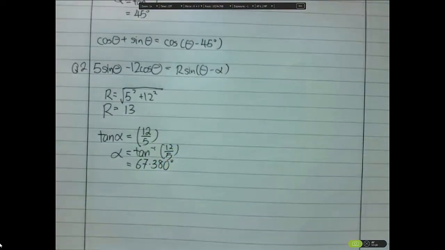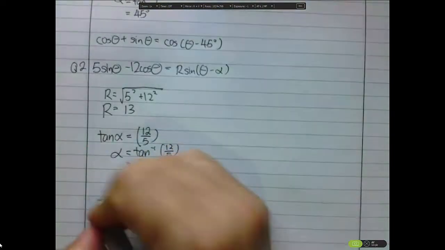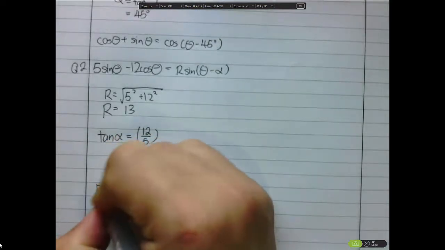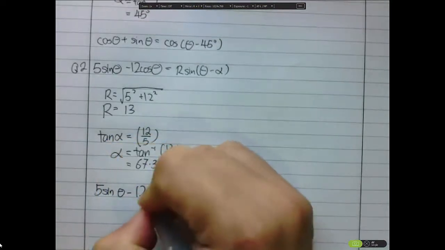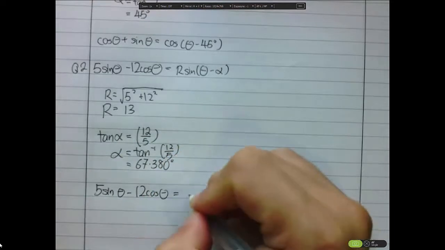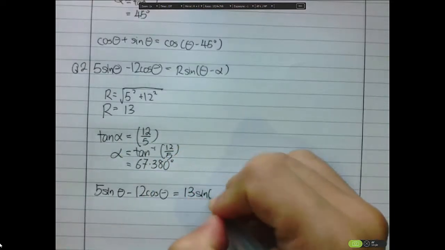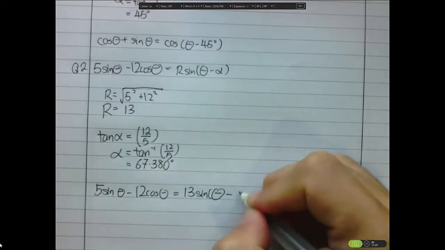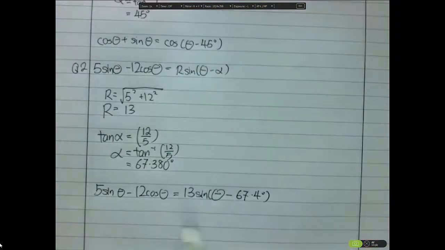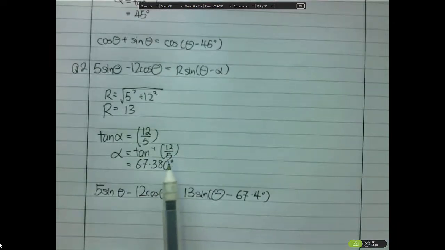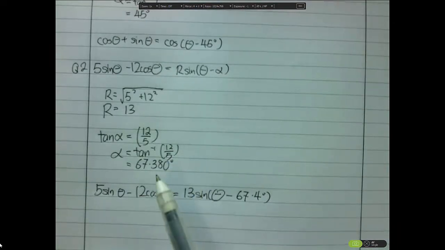Okay, we leave it in truncated form first, but for the final answer, 5 sine theta minus 12 cosine theta is equal to 13 sine theta minus alpha, which is 67.4 degrees. Just leave the truncated answer there, because in the future when you need to make further calculations or to solve certain equations, you will need a truncated value.